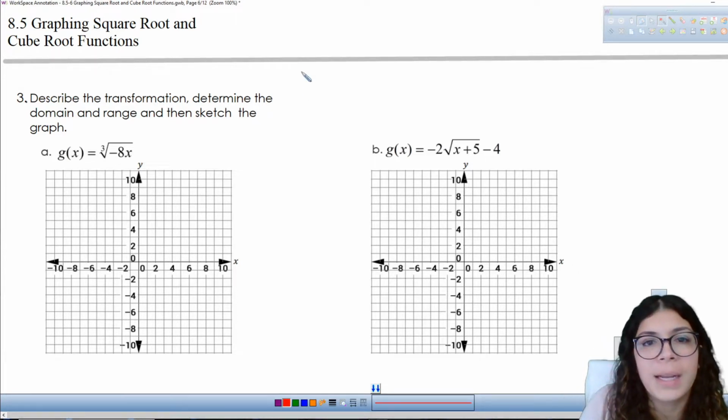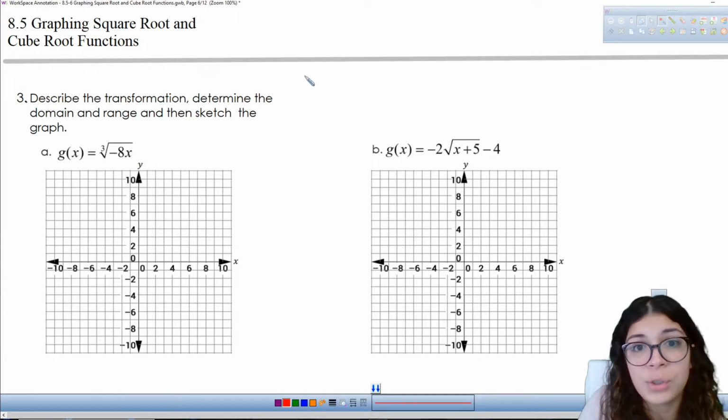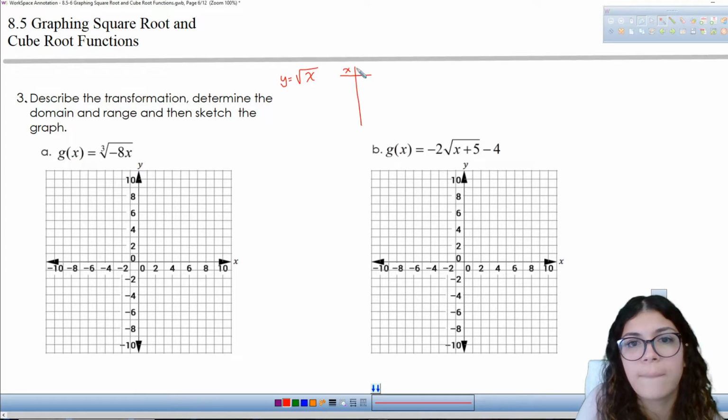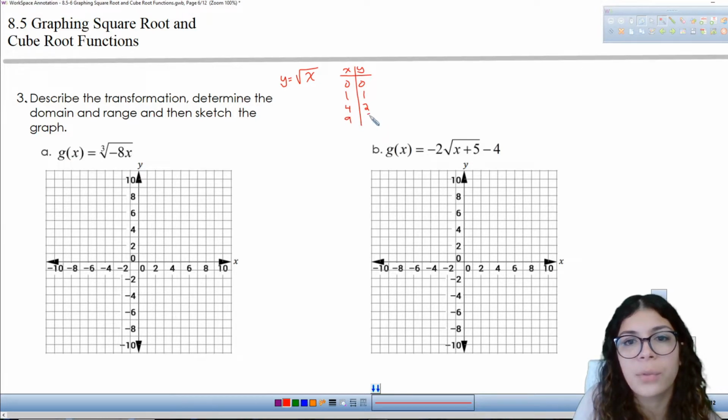So first, let's go ahead and I want to remind you of the square root function. Key points are (0, 0), (1, 1), (4, 2), and (9, 3).